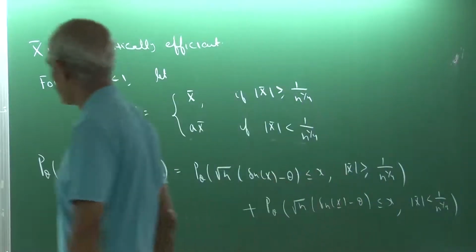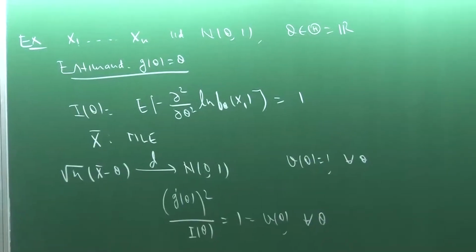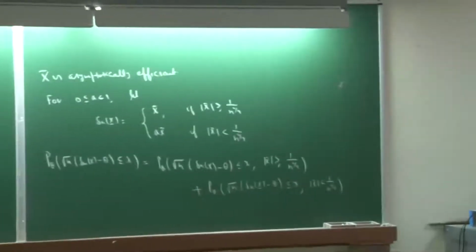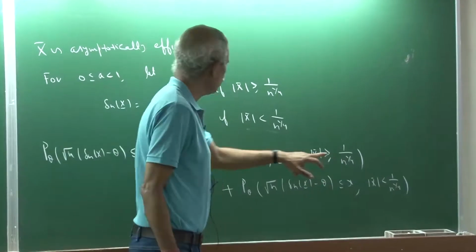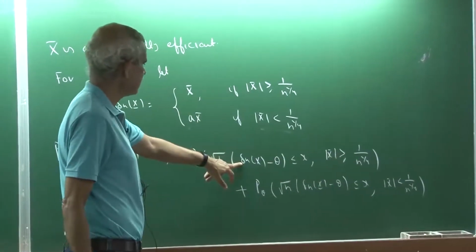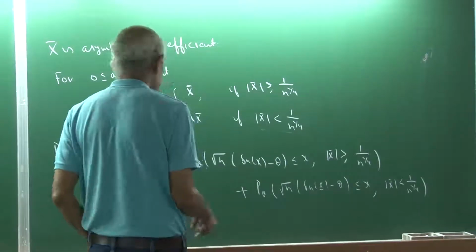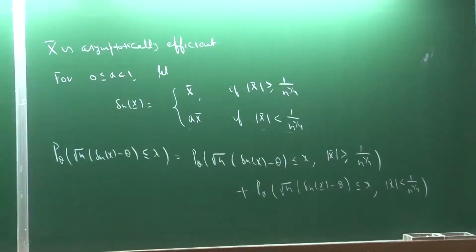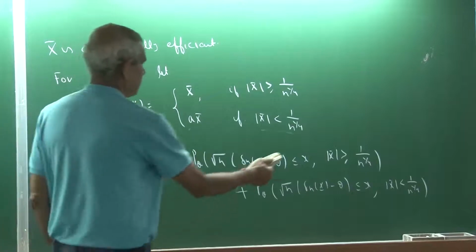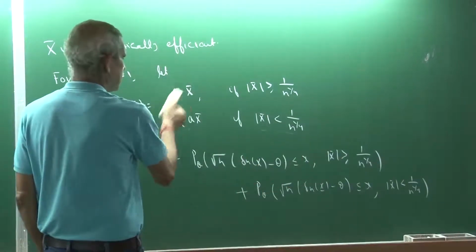So if I look over here, when mod of x bar is greater than or equal to 1 upon n to the power 1 by 4, delta n is the same as x bar. So I can replace it here by x bar. In this range, delta n of x is the same as x bar.